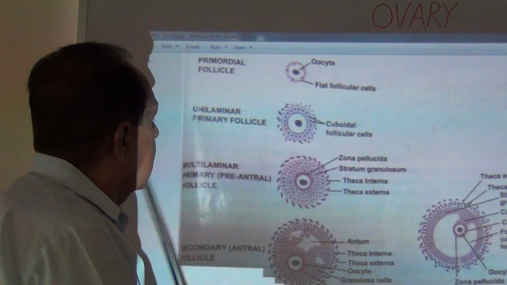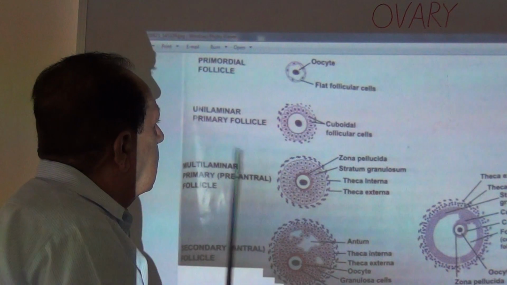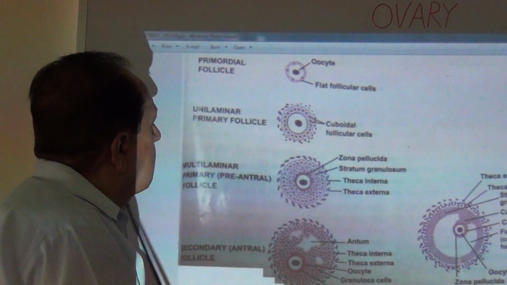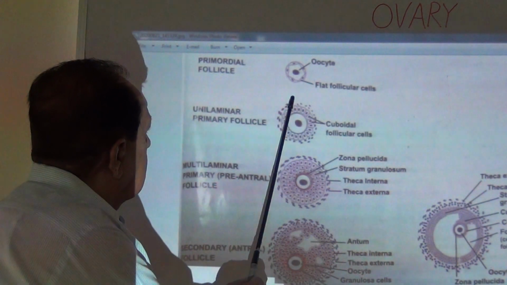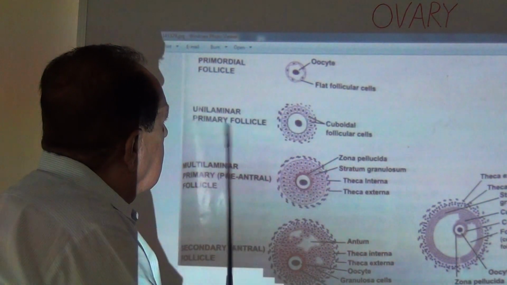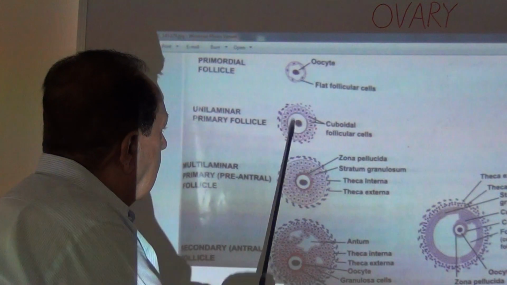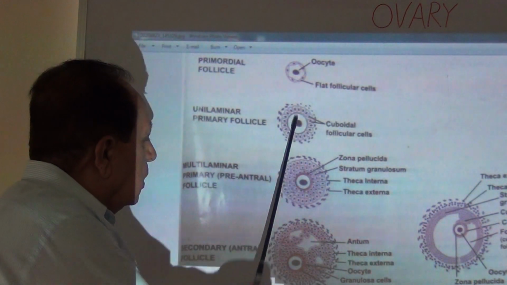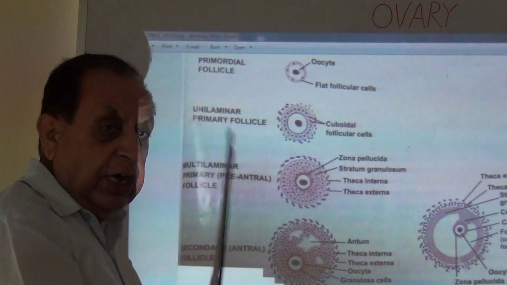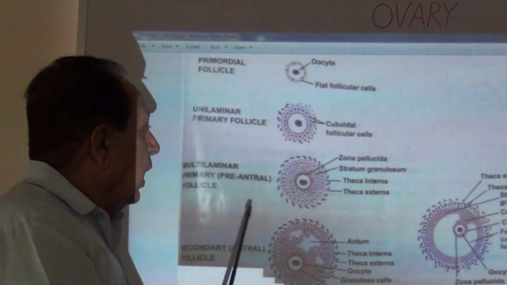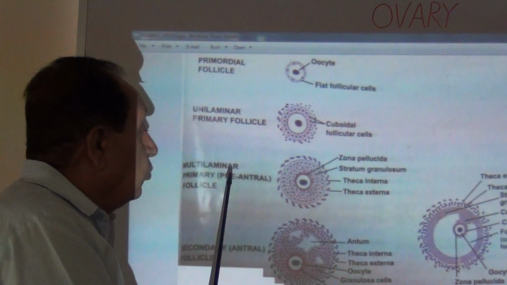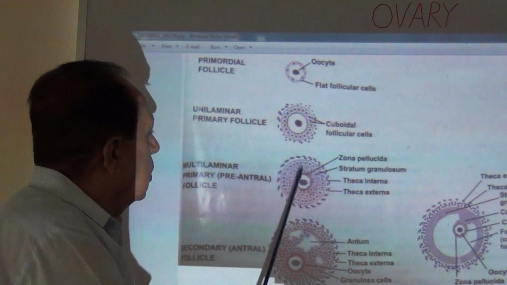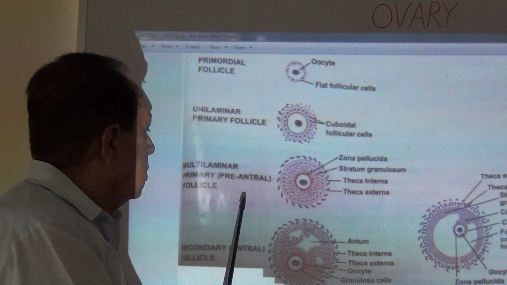Now, the growth or the presence of these follicles depends upon the age of the individual and upon the stage of the ovarian cycle.